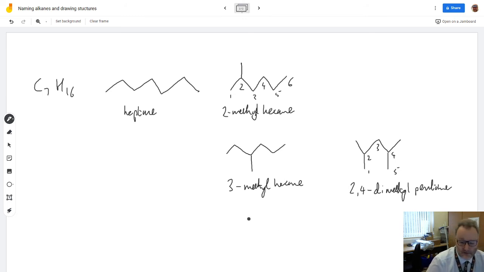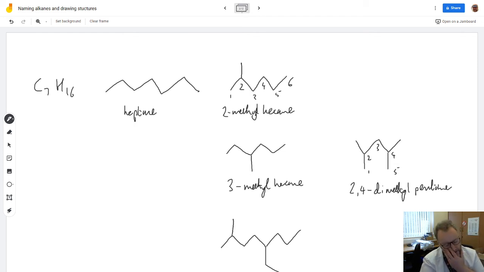And let's have an isomer where we've got an ethyl group. So let's have something a little bit longer. 1, 2, 3, 4, 5, 6, 7, 8. And here I could put an ethyl group there, and let's have a methyl group there. Now you've got to be a bit careful when you're counting the longest chain.